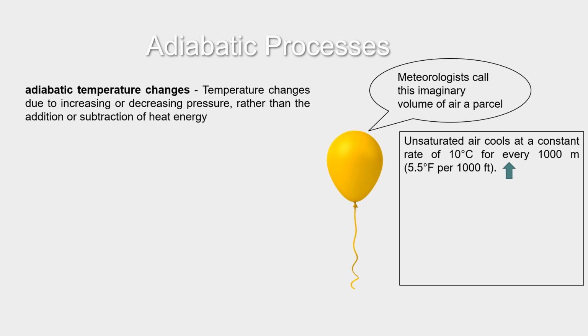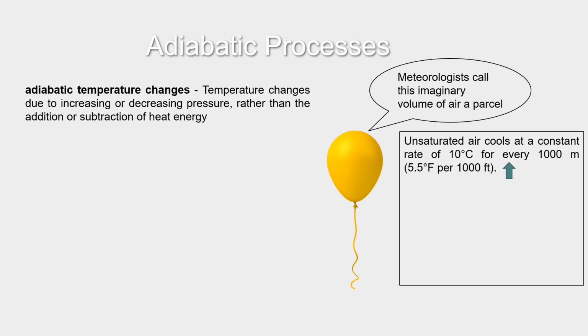So for the unsaturated air, let's say, because there are saturated and unsaturated air. I think we've already mentioned these terms in the previous topics, the saturation or unsaturation. So later on, we're going to review what saturation really is.